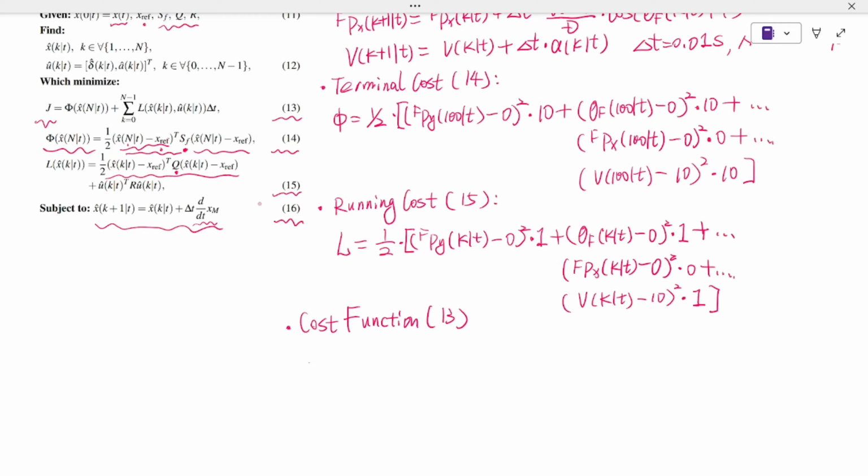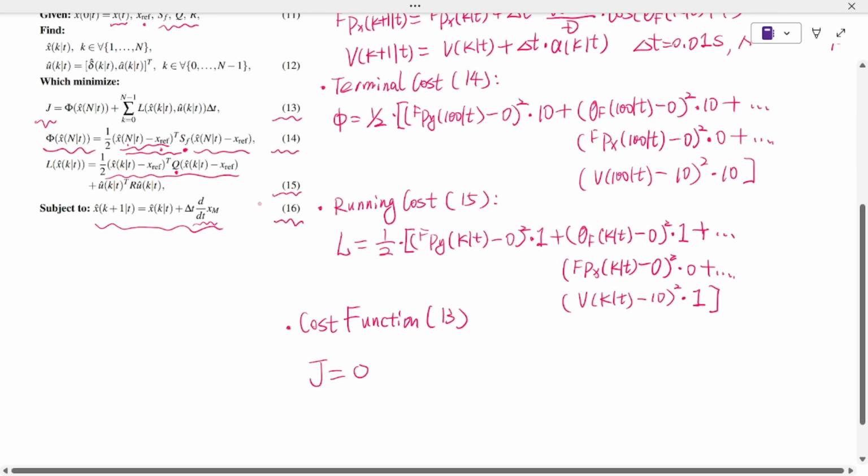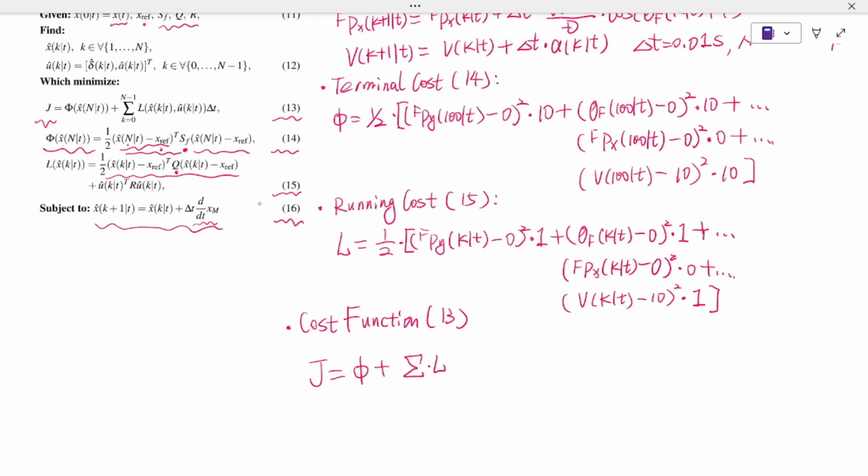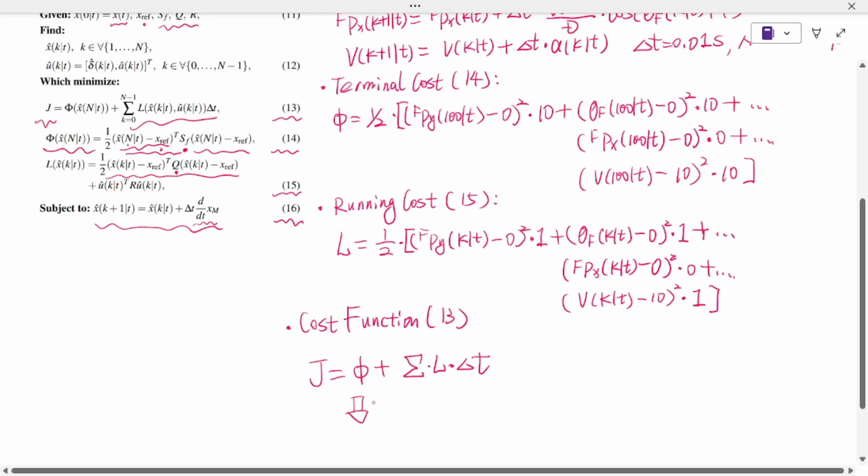So J equals phi plus the sum of L times delta t. After building the equation of the cost function, we pass J to the solver.